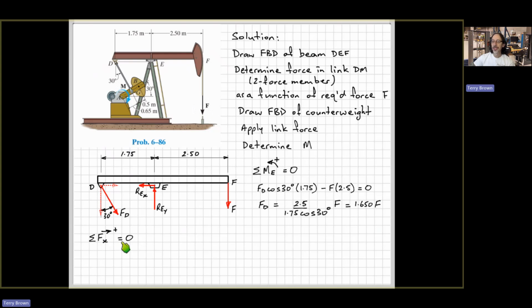We've got the sum of the forces in the x direction equals 0. We've got two forces here: our unknown REx at point E, and the horizontal component of the force at D. Because it's just the two of them, and I've shown them in opposite senses, I can just write REx equals FD sine theta, or sine 30 in this case.